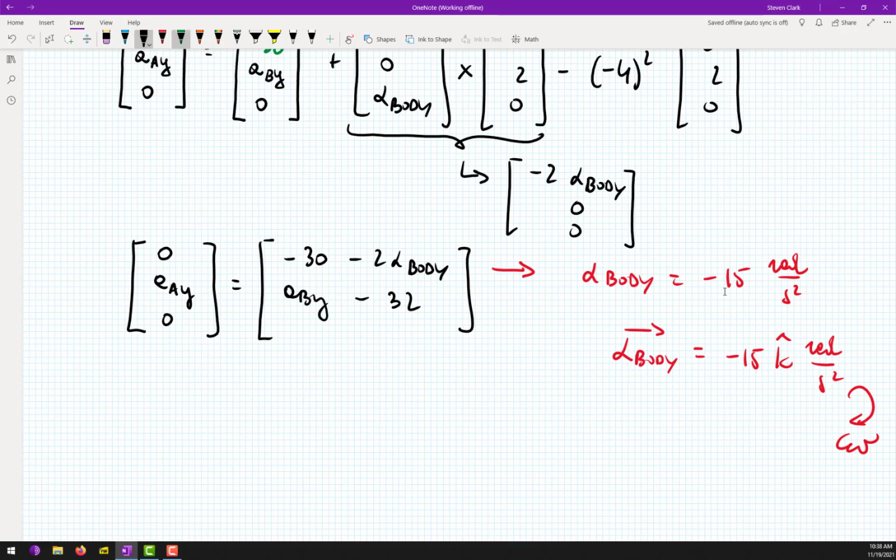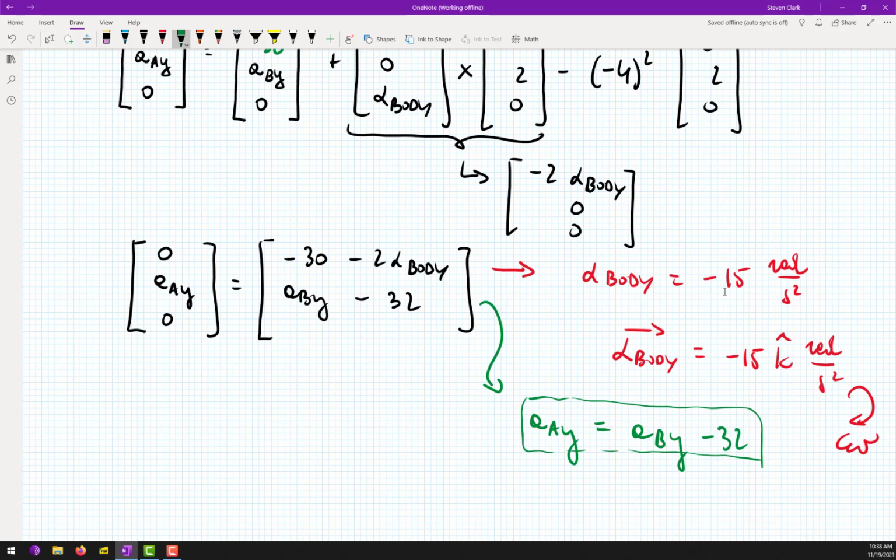From the second one, we have this expression. We cannot do much with this expression right now: a_A_y is equal to a_B_y minus 32. Okay, we are done with our first acceleration.